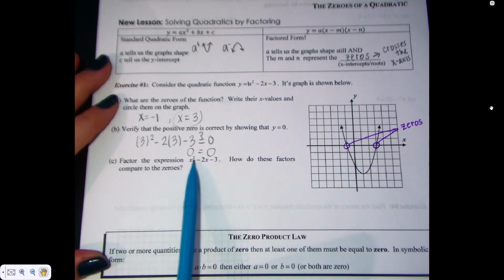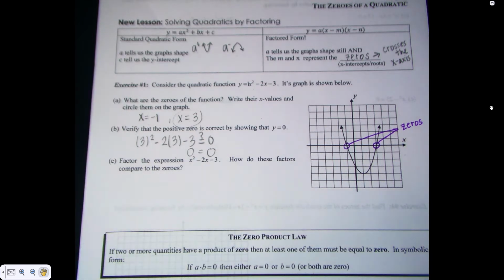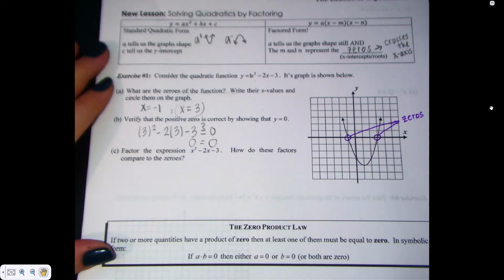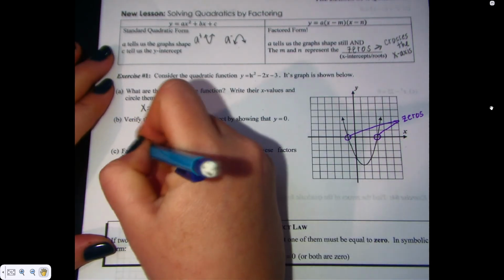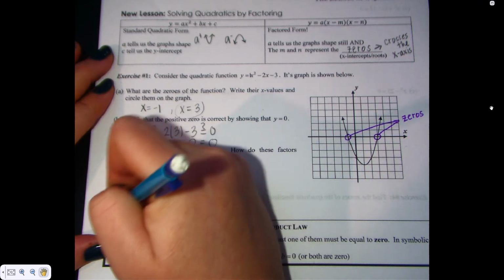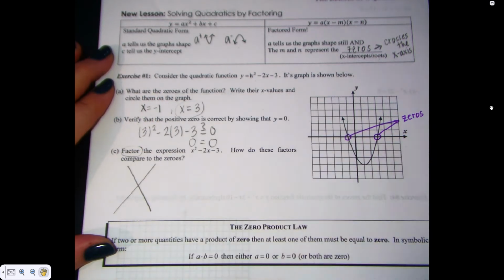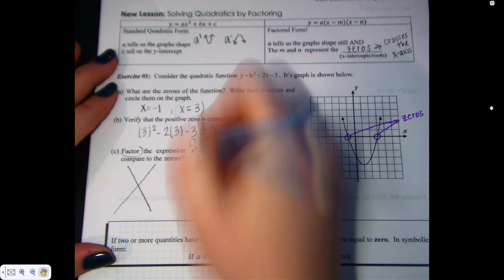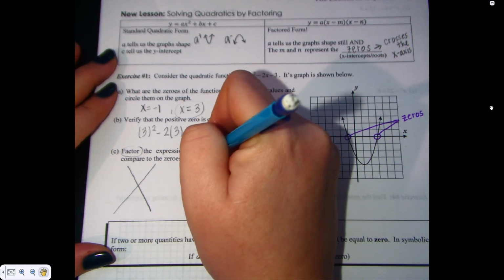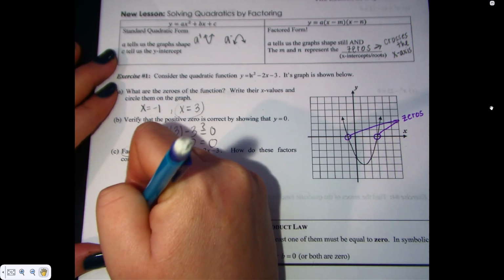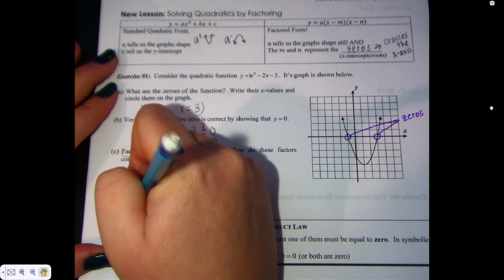Factor the expression x squared minus 2x minus 3. How do these factors compare to the zeros? Okay, so factoring, remember, anytime that you're asked to factor, you're going to do an X method. Okay, the X method where your B is at the bottom. So this is the B for bottom, so -2.